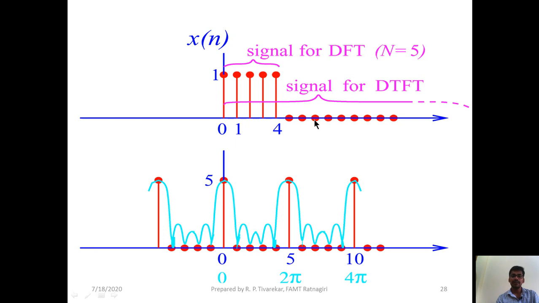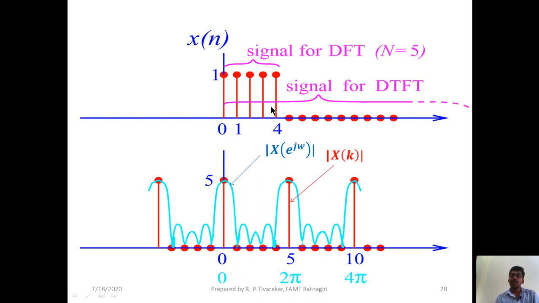Now if you look at this signal x of n, it has 5 samples and its corresponding DTFT is computed over a range minus infinity to plus infinity, and we get this blue waveform. The DTFT is this blue waveform.